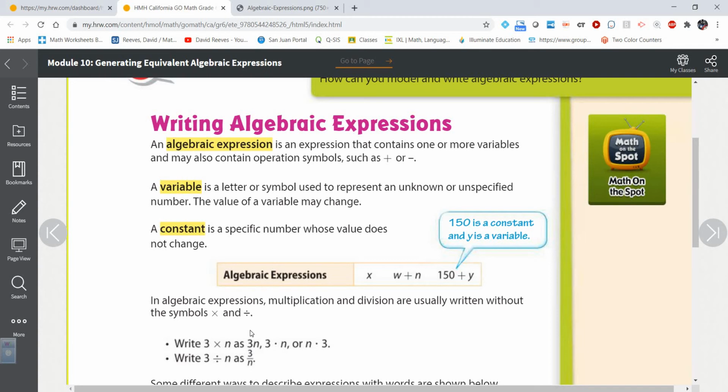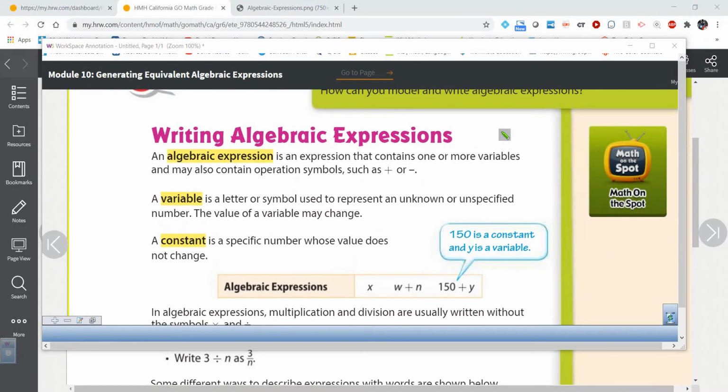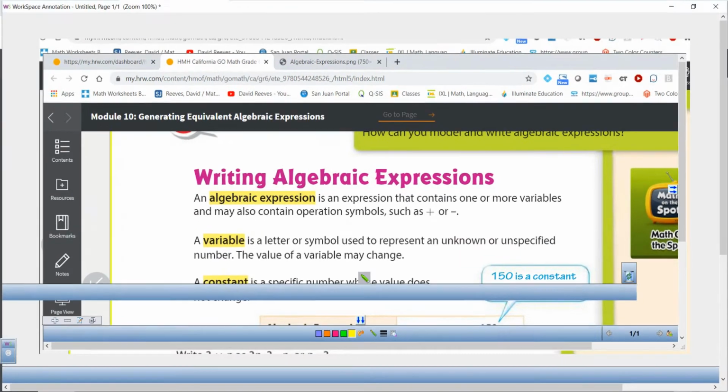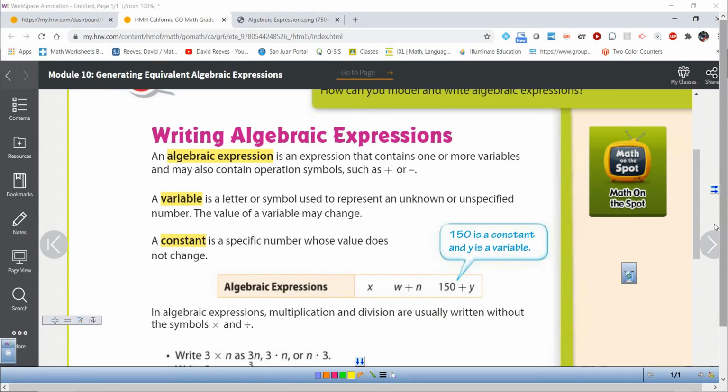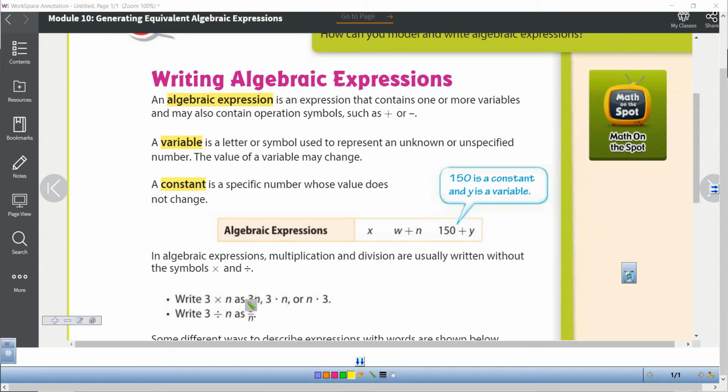So the best way to write multiplication when you have an expression is, if you have a number in front, you simply put the number in front of the variable and that shows multiplication. You can also use a dot between the things you are multiplying. You also can use parentheses as well. And then for division, instead of using that division symbol, we're going to write it like a fraction.